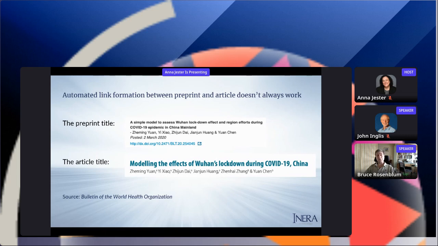So something to keep in mind is if you know that an article you're editing was posted as a preprint, you may want to be careful either about how you edit the title or making sure that if you do significantly edit the title, that in the end, a link back is made to the original preprint site. Next slide, please.